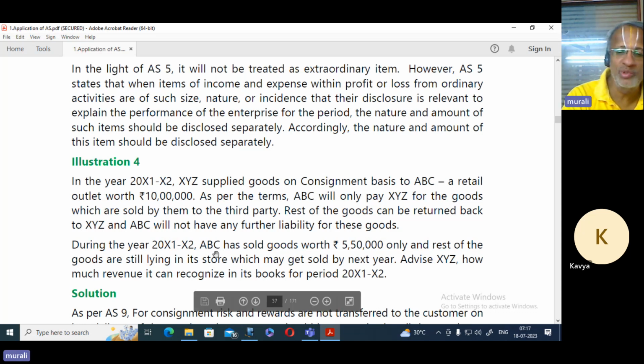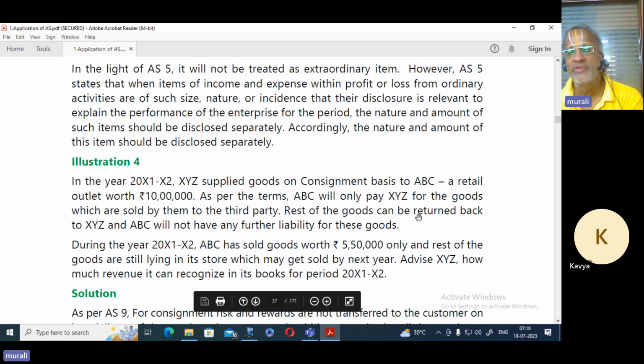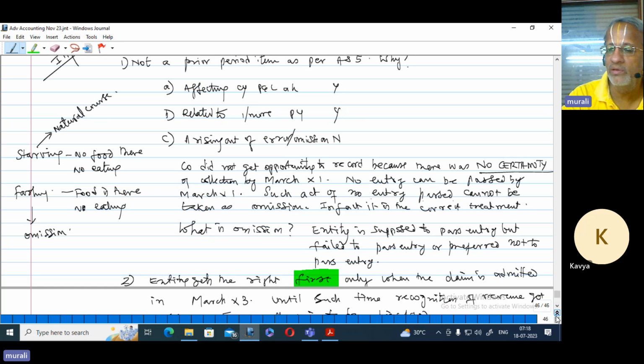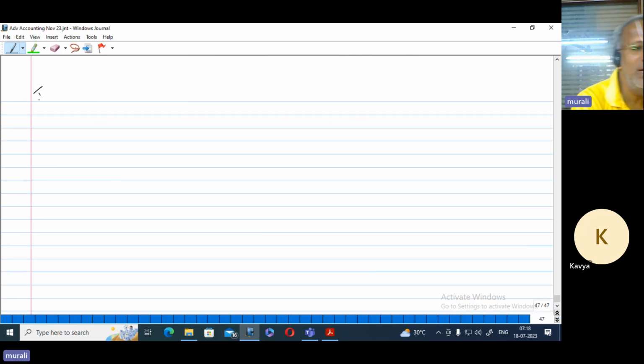And during X1-X2, they have sold goods worth 550,000, and rest were still lying in store. Advise XYZ Limited how much revenue it should recognize. They should recognize only to the extent of ABC selling goods worth 550,000. So now let us try to bring out the answer with clarity.